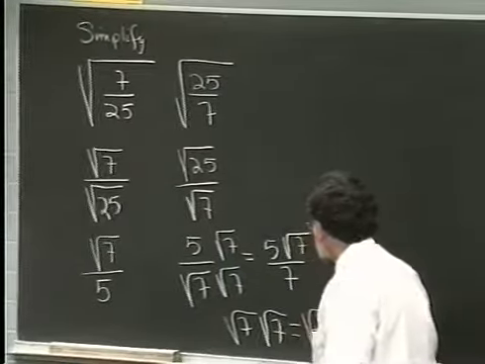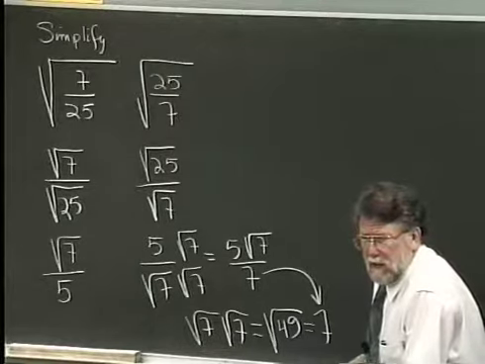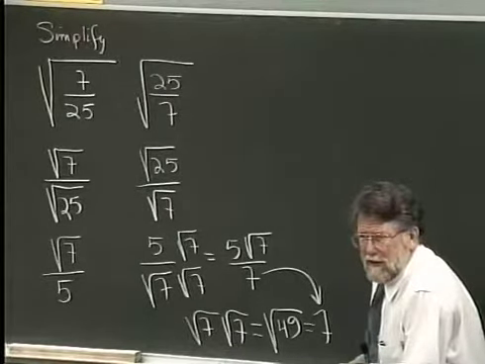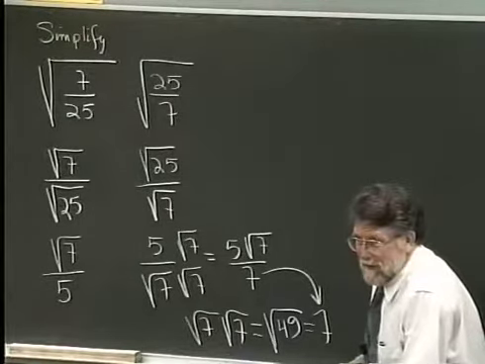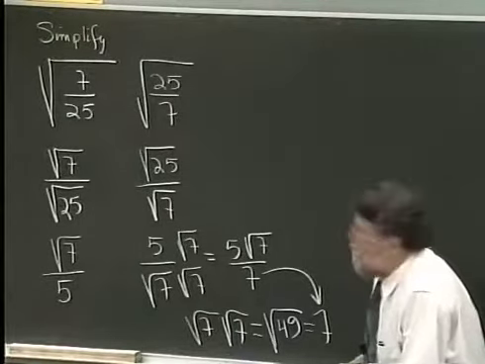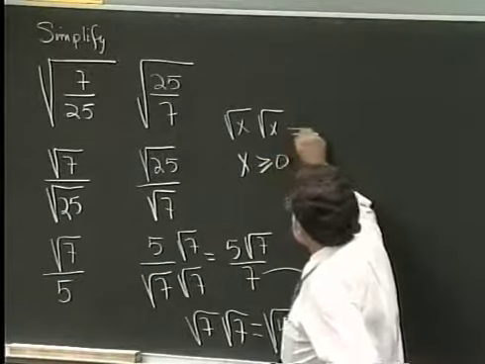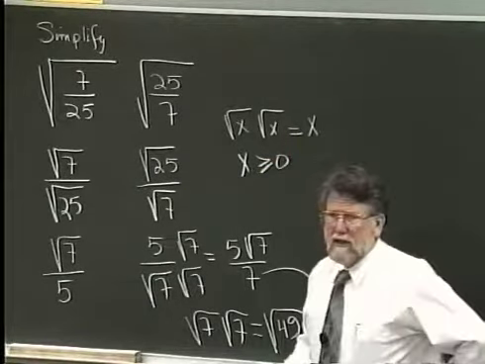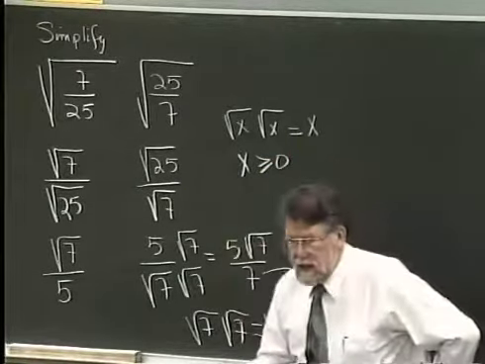However, the square root of 7 times the square root of 7 is just 7. That's coming back to the statement, if you have the square root of x times the square root of x, where x is non-negative, then we argue that that's just x without saying the square root of x squared.